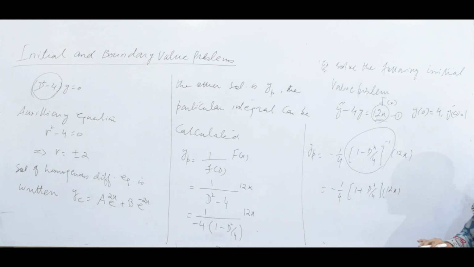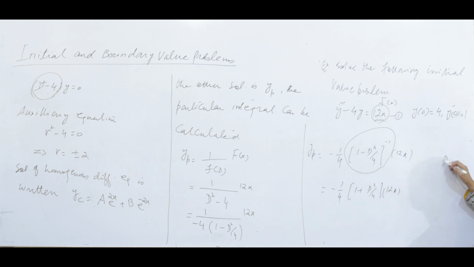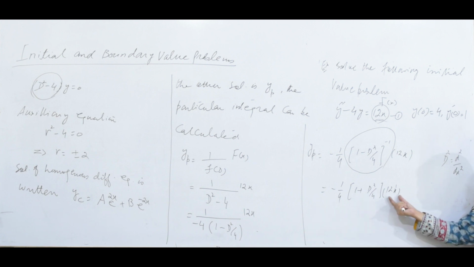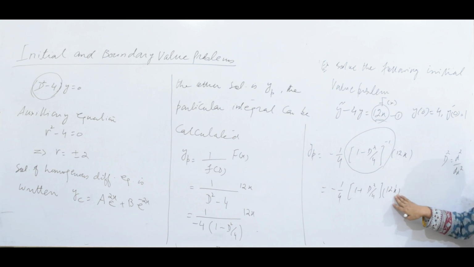I have to stop because d square means d2 by dx2, and this d square is operated on this function. Since this is a polynomial of degree 1, after differentiating once, it will give you constant 12. So no need to be d square. So it means this d square is not working on it.